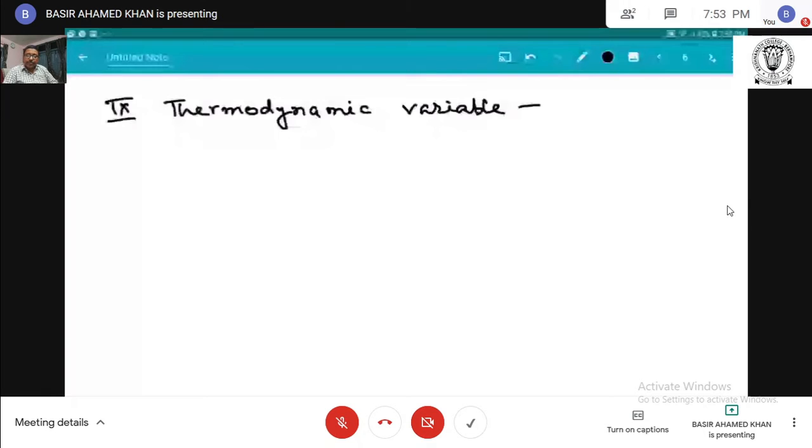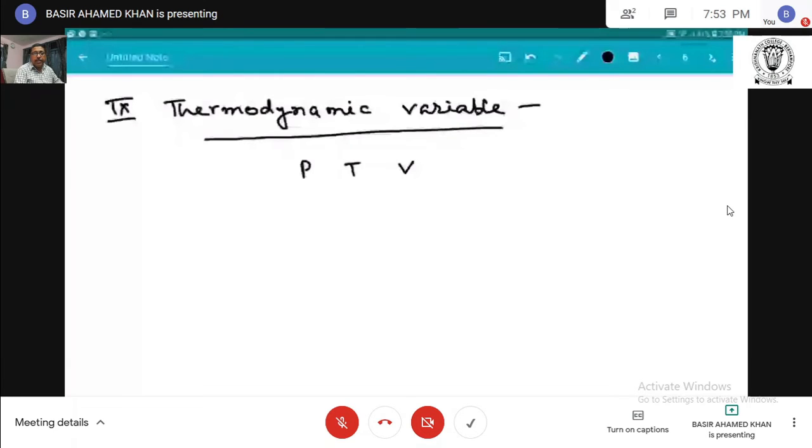So the next thing is that these thermodynamic variables are mainly two types. One is mass dependent and the other is mass independent. Pressure, temperature, volume are thermodynamic variables which are time independent.